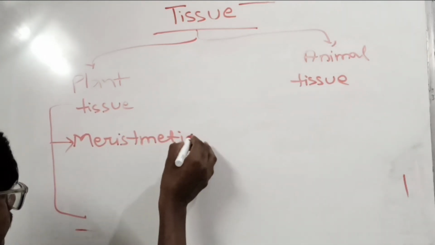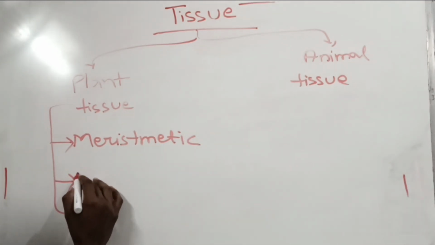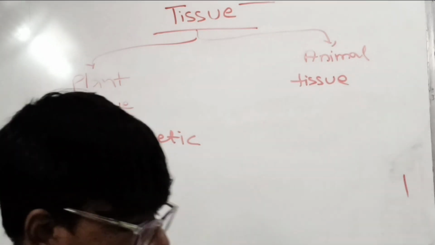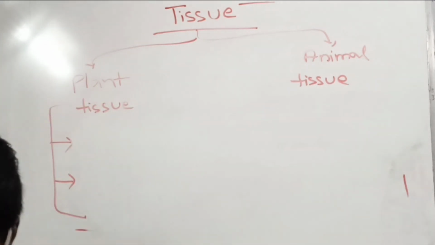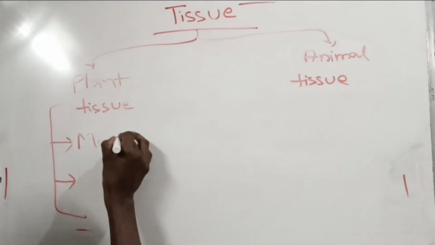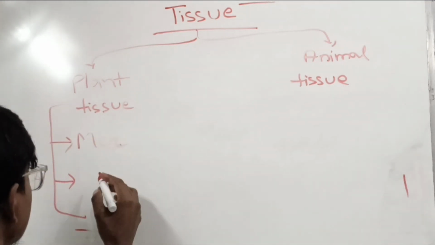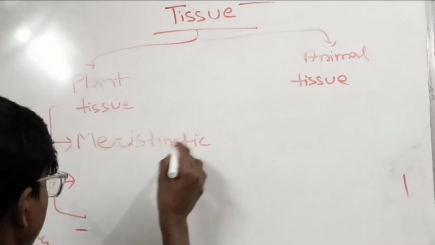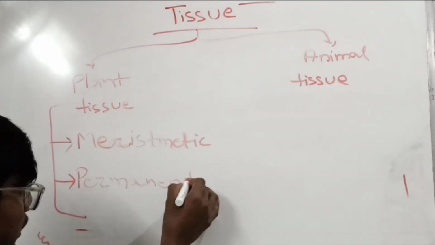The first type of plant tissue is meristematic tissue, and second is permanent tissue.